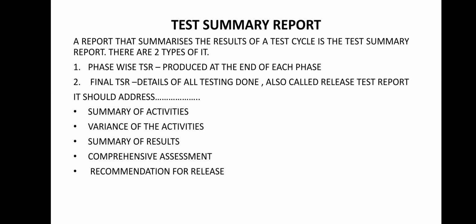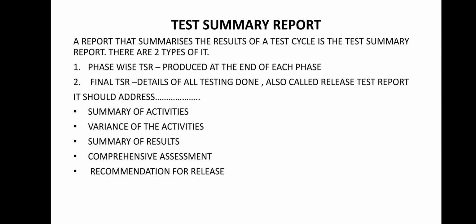The next one is the final test summary report, which gives details of all testing done. In it we can find a lot of things, like summary of activities, variance of the activities, and summary of all the results.